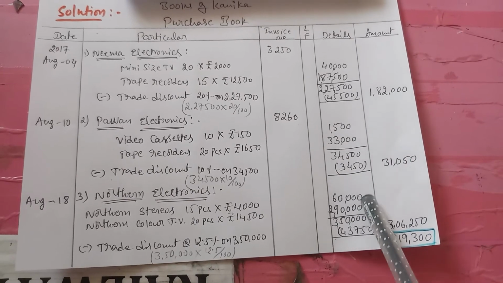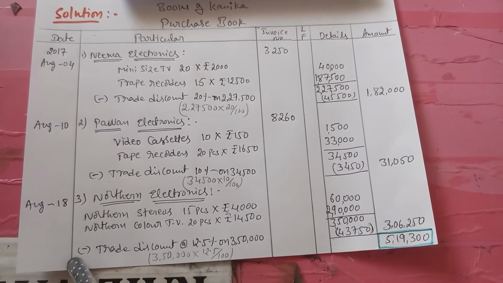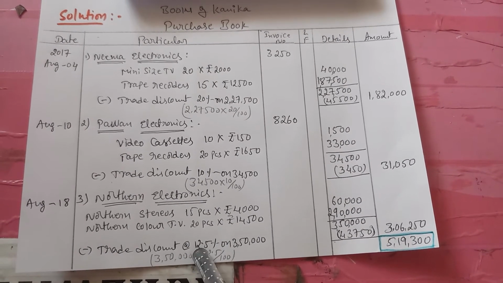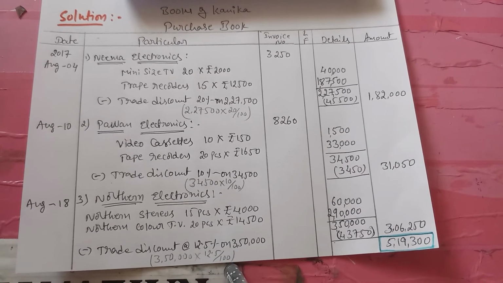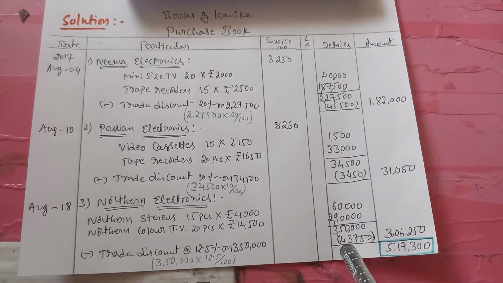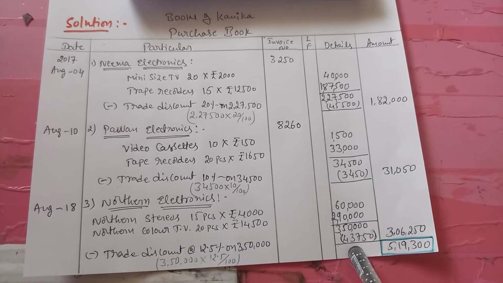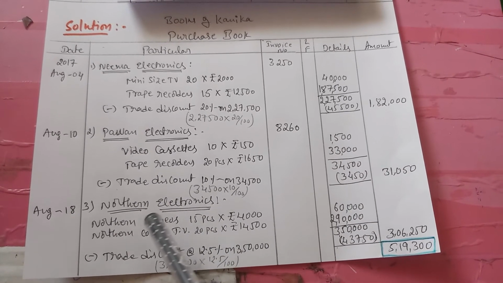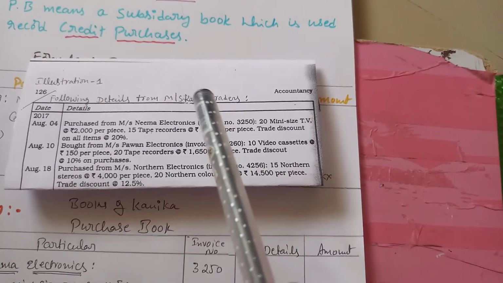Add these two, 60,000 and 2,90,000, and we get 3,50,000. Next, minus trade discount of 12.5%. 3,50,000 into 12.5 divided by 100 gives 43,750. Minus it, and you will get 3,06,250. This is Norton Electronics. Only 3 transactions are given in this problem, so we have solved it.